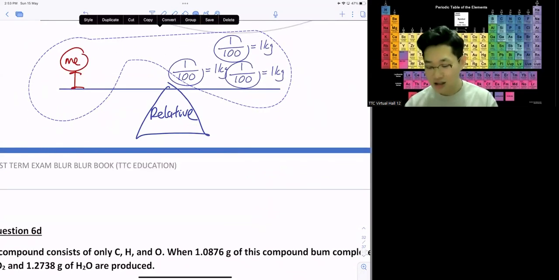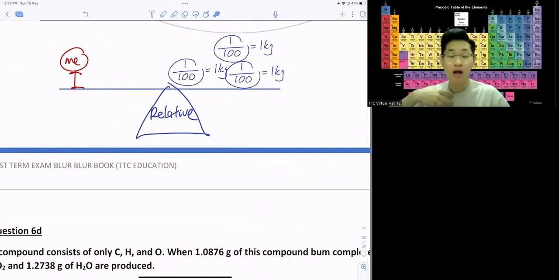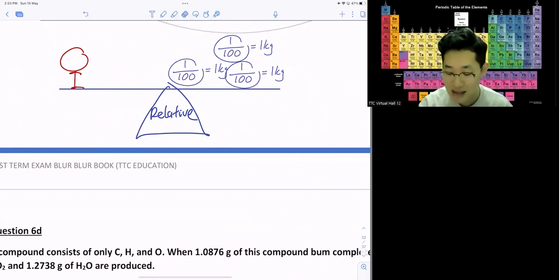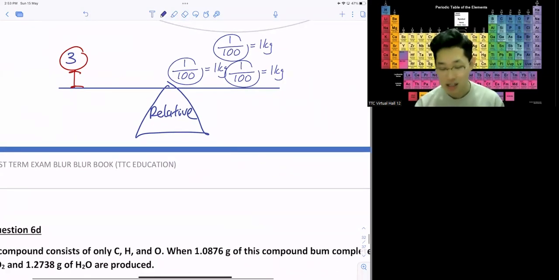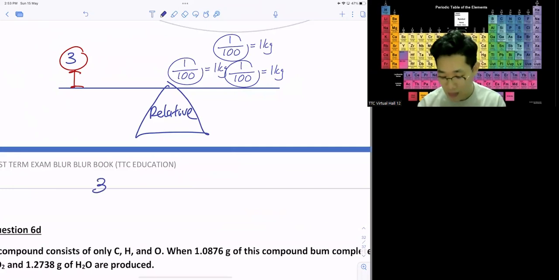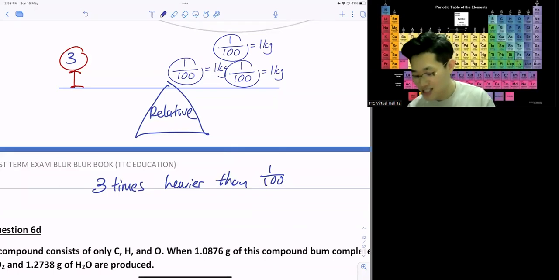Hey, when I put 3, wow, it is balanced already. That means I found out that my mass is 3 kg. Or you can say that my mass is 3 times heavier than 1 over 100 pieces of Jung Hao.